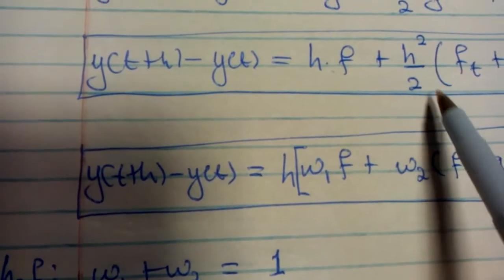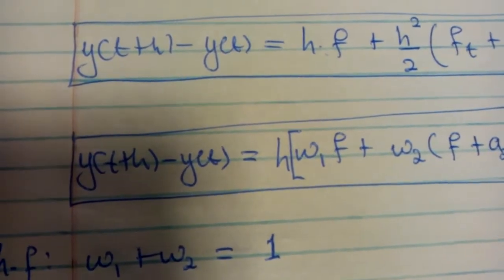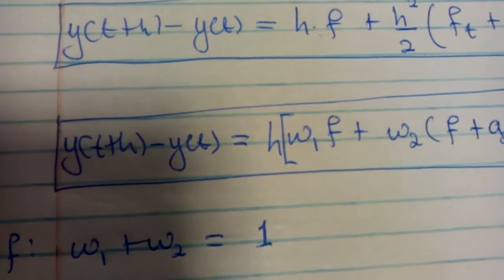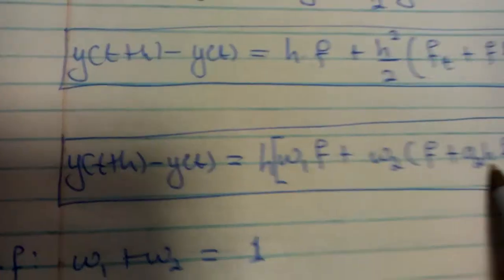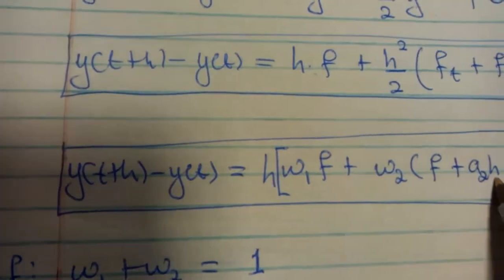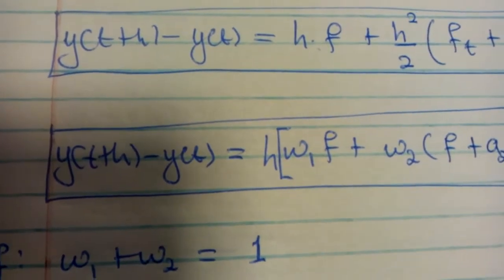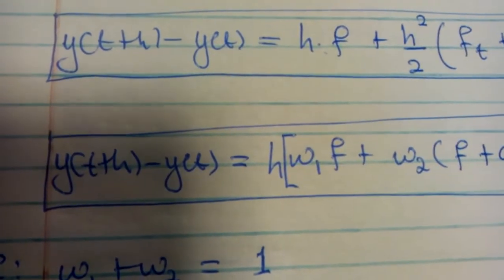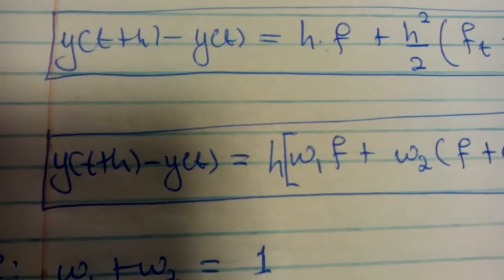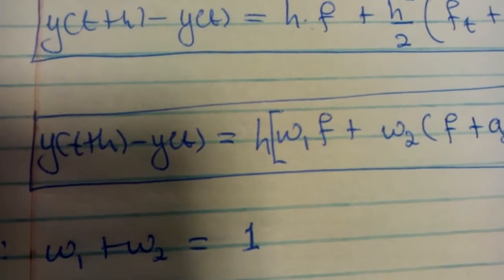H squared f_t terms, I end up with a2 w2, because there's an h by h, so this becomes h squared, is equal to 1 over 2. And then if I compare the h squared f_y terms, I end up with w2 beta 21 equal to 1 over 2.